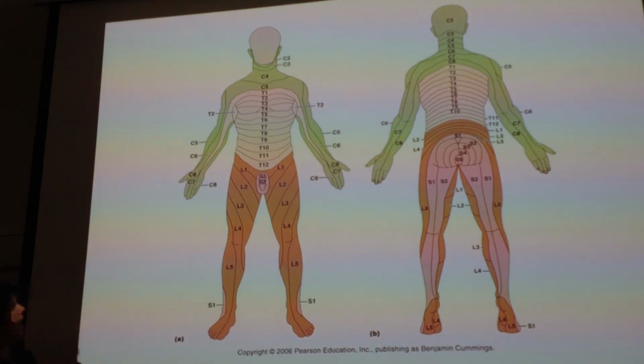So C5 for shoulder, C6 for thumb, C8 for little finger, T4 for nipple area, T10 for belly button, umbilicus, and S3, S4 for the central gluteal region around the anal area.